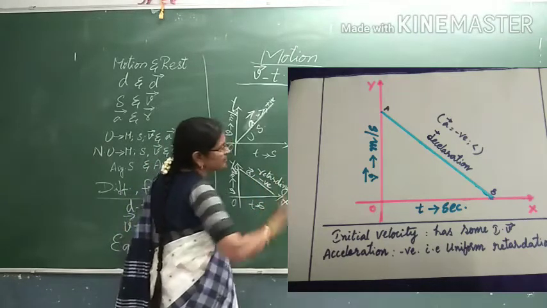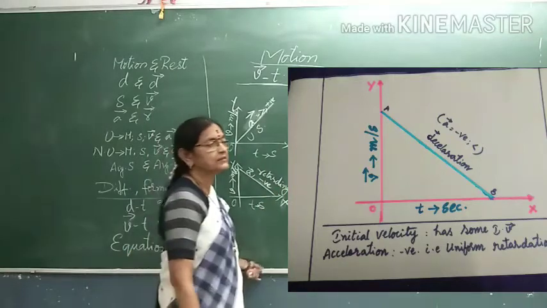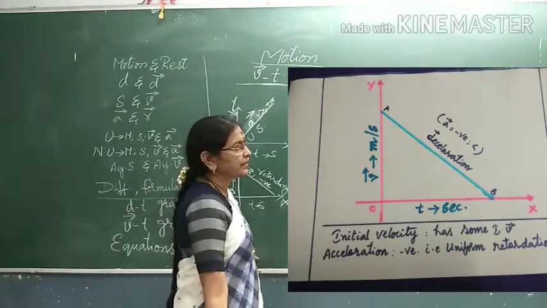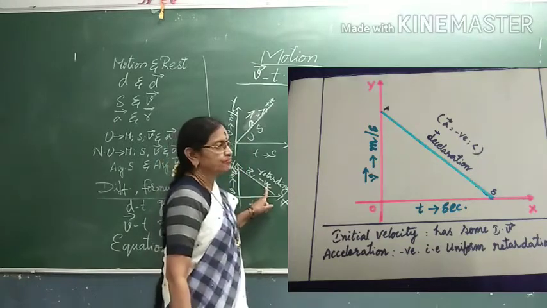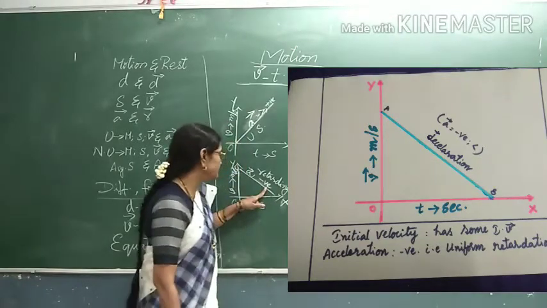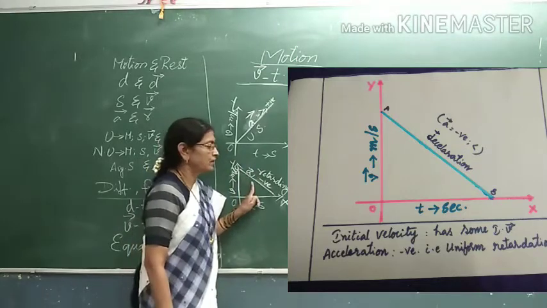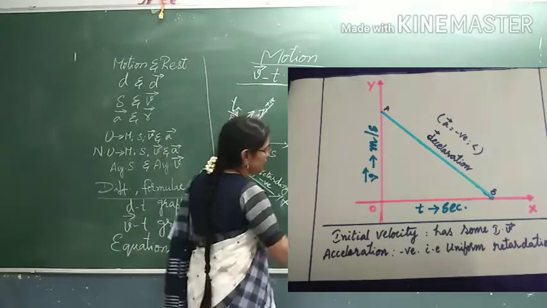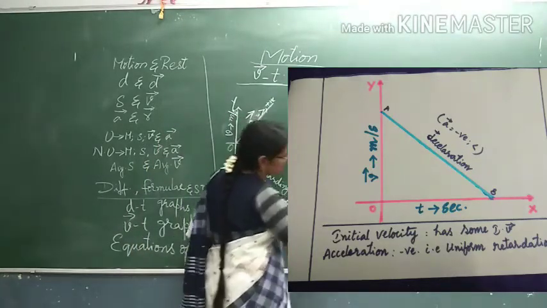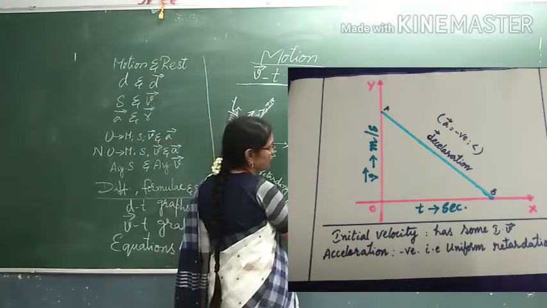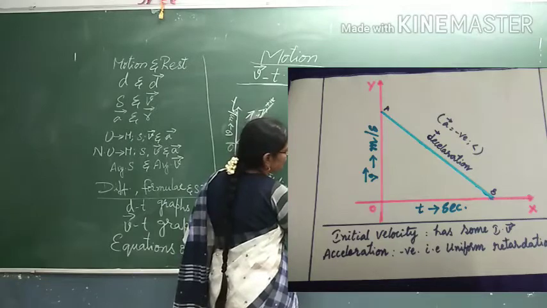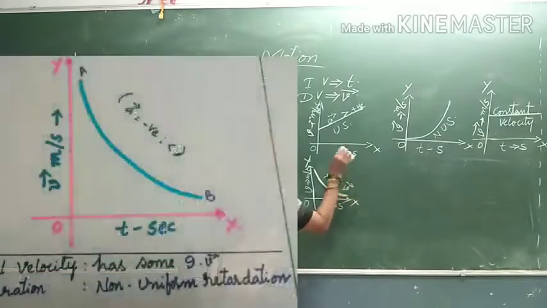Already we have taken examples: when you throw a ball vertically upward, it possesses negative acceleration. In the same way, the arrival of a train at the station. Now in this one also the slope is towards the x-axis. This is non-uniform velocity.